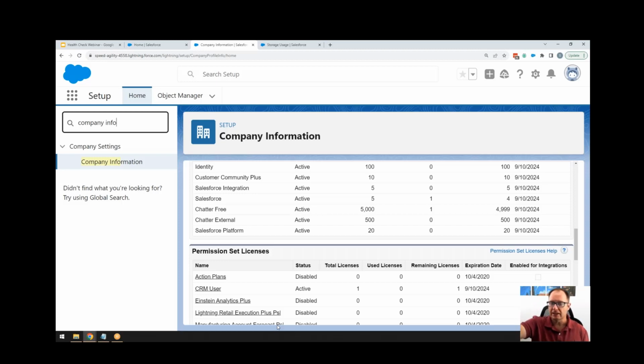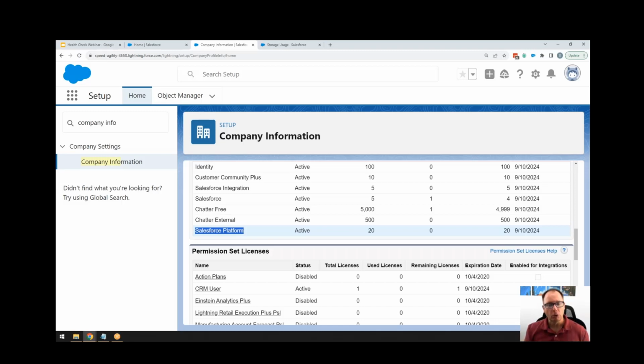So in this case, I can see that this org has Salesforce, which is your Sales Cloud or Service Cloud license. This org also has platform in it. And I want to make a quick comment here because I didn't, in the early part of the webinar, talk about the difference between Salesforce and Salesforce platform. So the Salesforce license that you see here is what most of you know as Sales Cloud and Service Cloud.